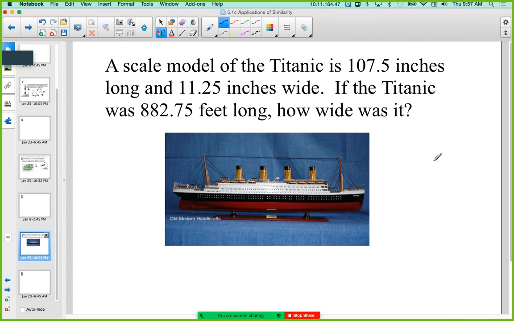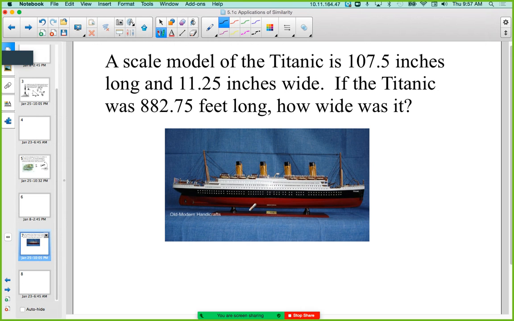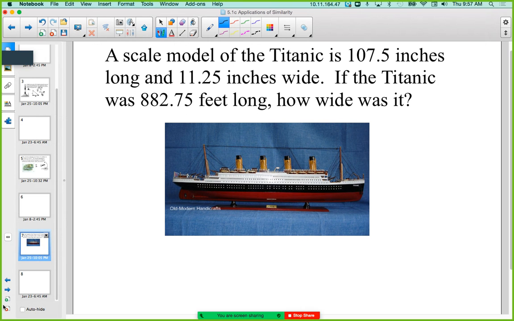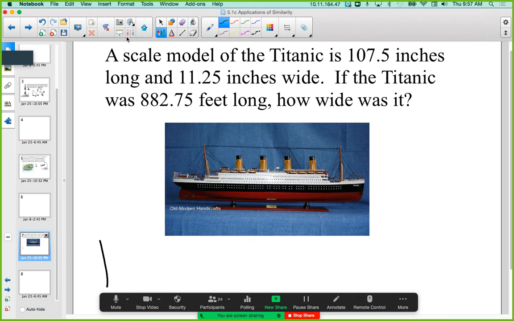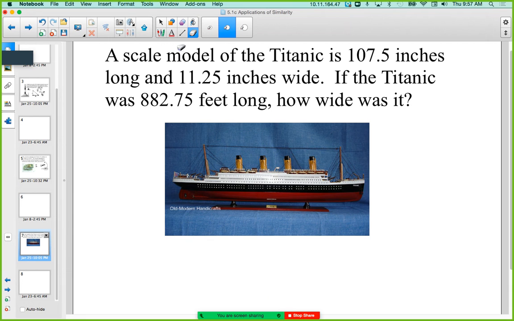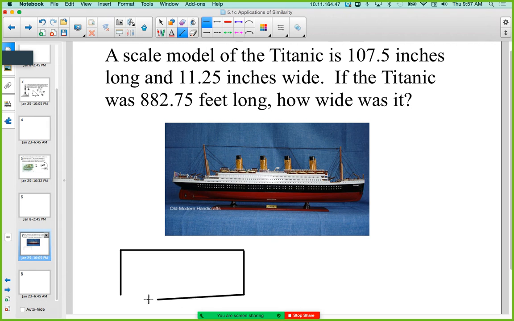Okay, so we could actually look at this as comparing two rectangles. Okay, so let's say I was looking above the actual Titanic. All right, hold on, I'm going to use some straight lines here so that I don't confuse everybody. All right, let's say I was looking above the Titanic. That'll work. All right, hey, not too bad.